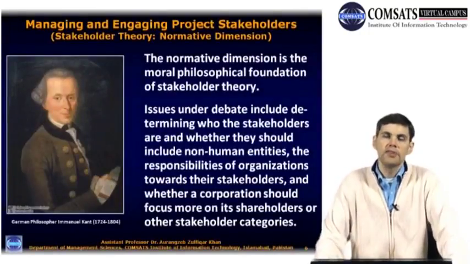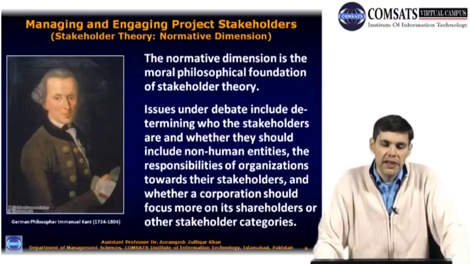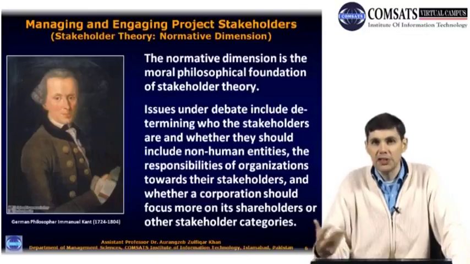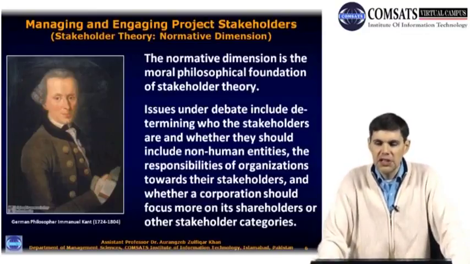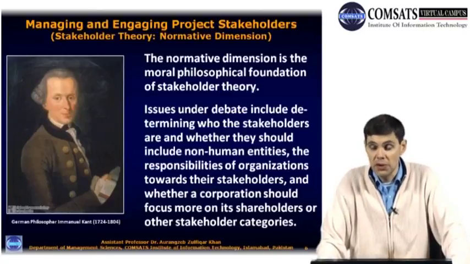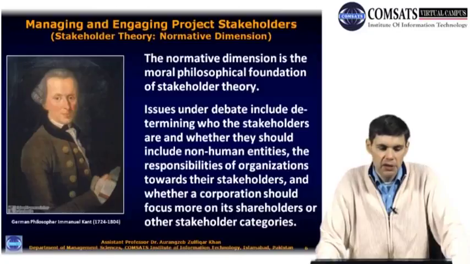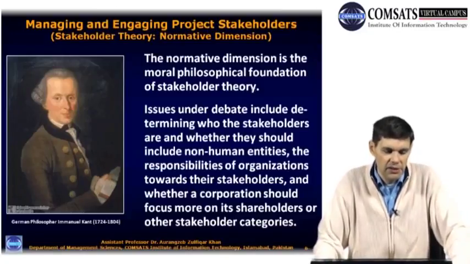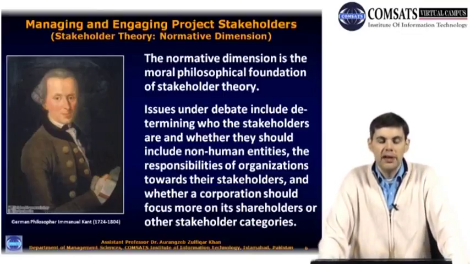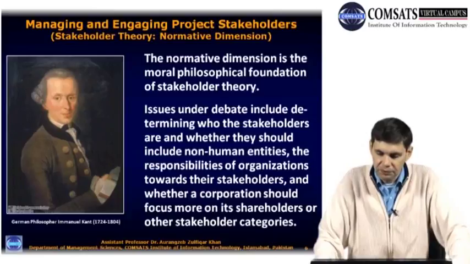And then you have a third dimension, the normative dimension. Now, the normative, from norm, is the moral philosophical foundation of stakeholder theory. What you see here on the left is a picture of a very great German philosopher, Immanuel Kant. Some of you may have heard about him; he lived more than 200 years ago.